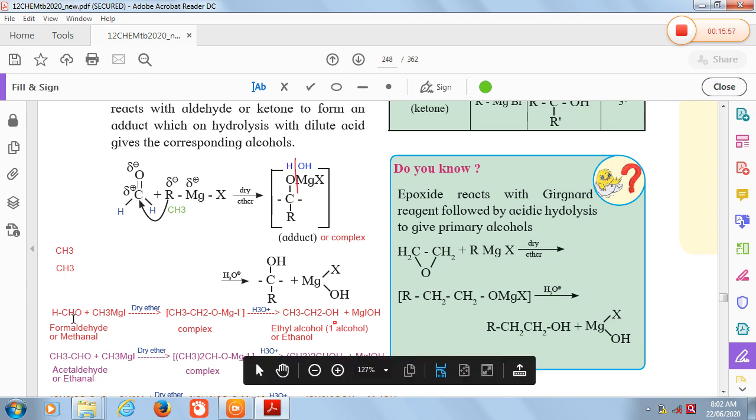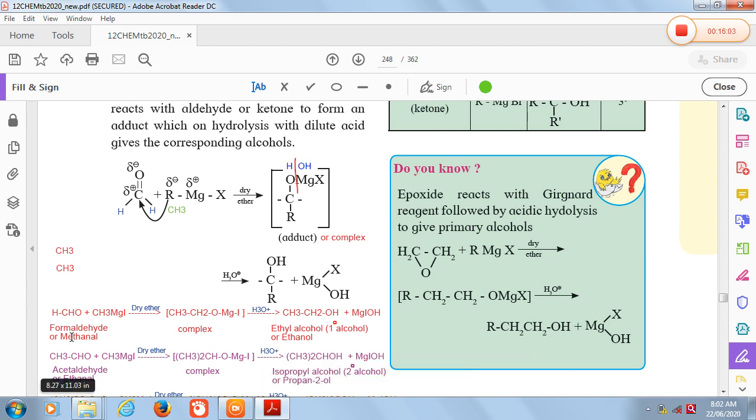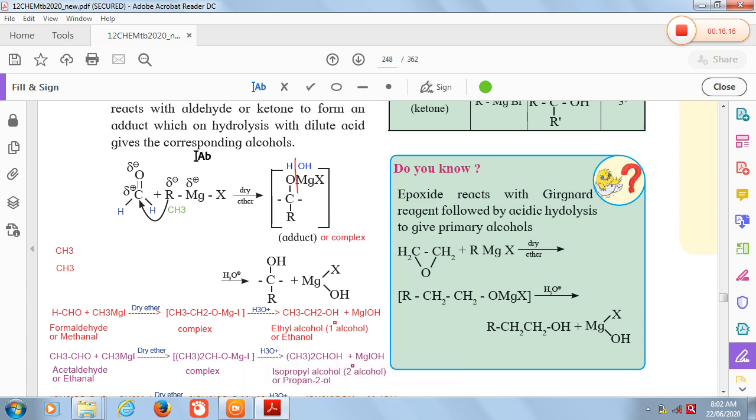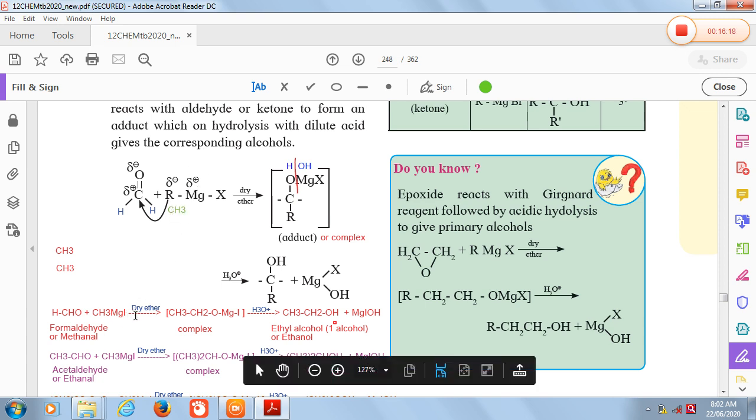So your aldehyde is formaldehyde, the one-carbon aldehyde, methanal, because the one-carbon alkane is methane, replace -e by -al. React with CH3MgI. So now CH3 is attached to this C=O, and it gets converted to single. So we get CH3 from your Grignard reagent, and CH2O becomes OMgI.